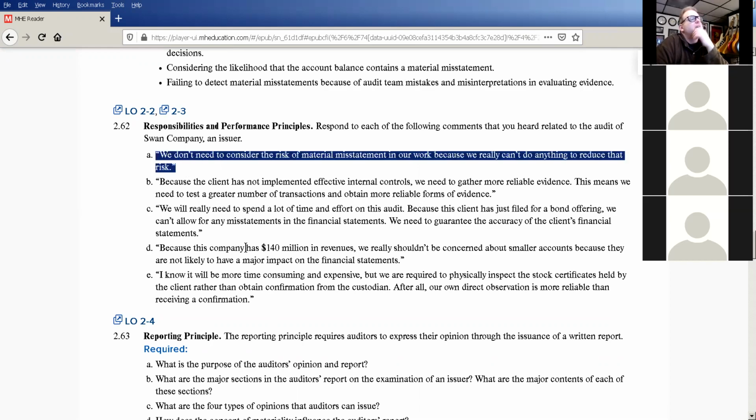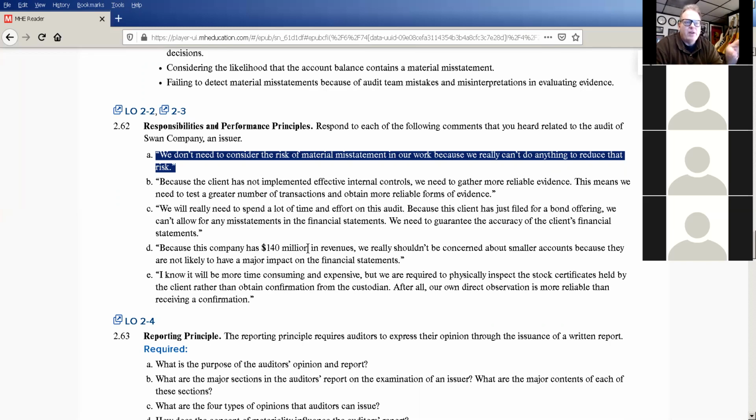First one. We don't need to consider the risk of material misstatement in our work because we really can't do anything to reduce that risk. Here's what they're talking about: there's a risk that the client may have a material misstatement, either through error or fraud, on the financial statements.